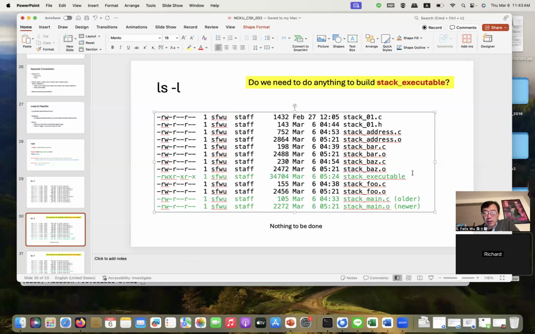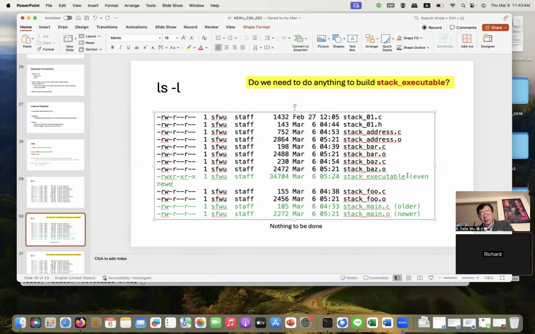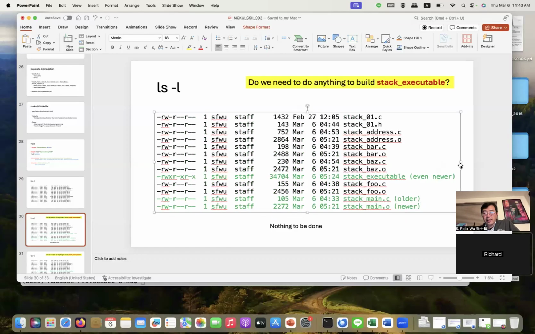But then if you take a look at this line, which is stack executable, this is even newer than the .o file and the .c file. Which means that the file was generated at 5:24, which is the newer timestamp compared to either the .c or .o.